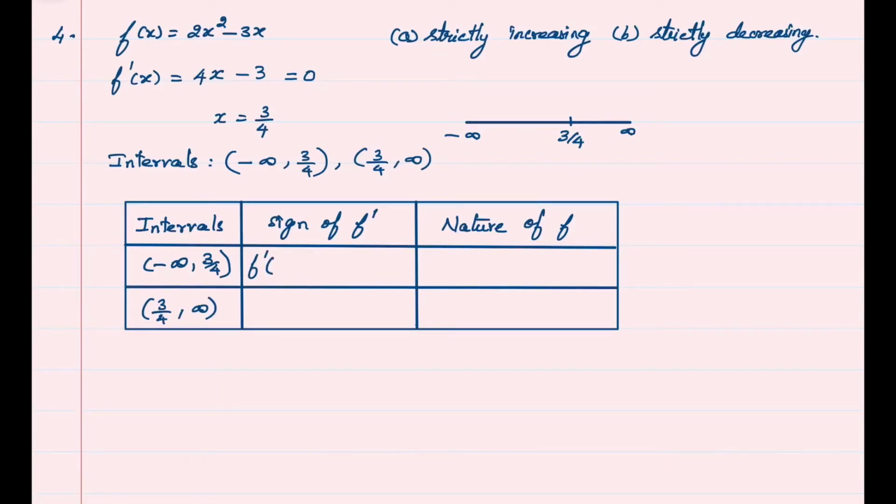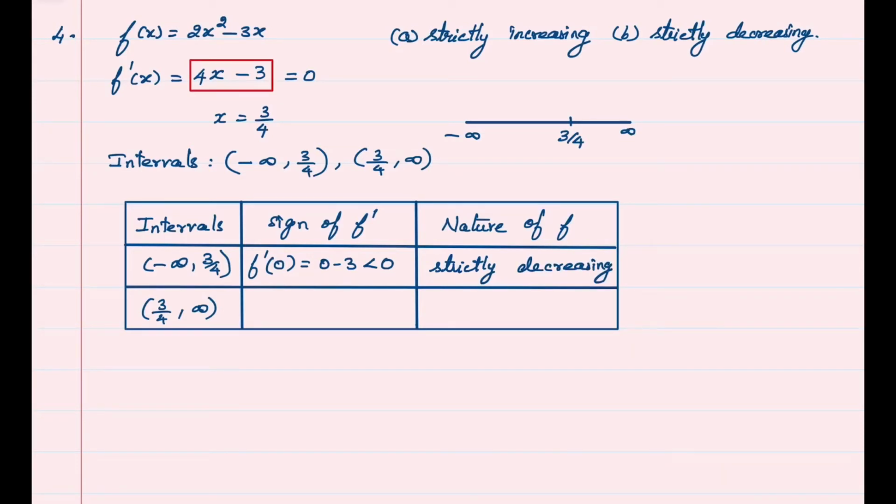We will select a value from this interval and check the sign of f dashed. We will take 0. Let us substitute in f dash for checking. F dashed is 4x minus 3. 4 times 0, 0 minus 3, which is negative. Therefore, f strictly decreases in this interval.